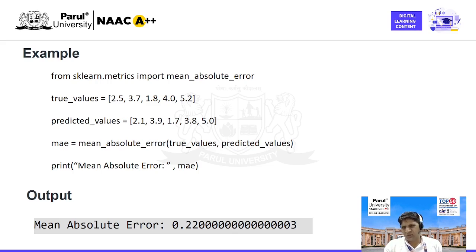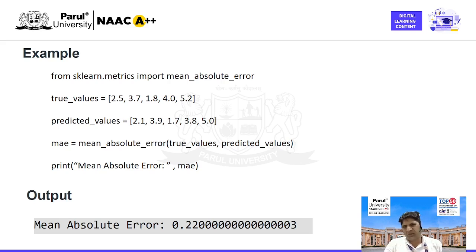First we pass the true values and predicted values. Then internally MAE automatically calculates the mean absolute error. In the next line we print the result, and you can see the mean absolute error is 0.22.